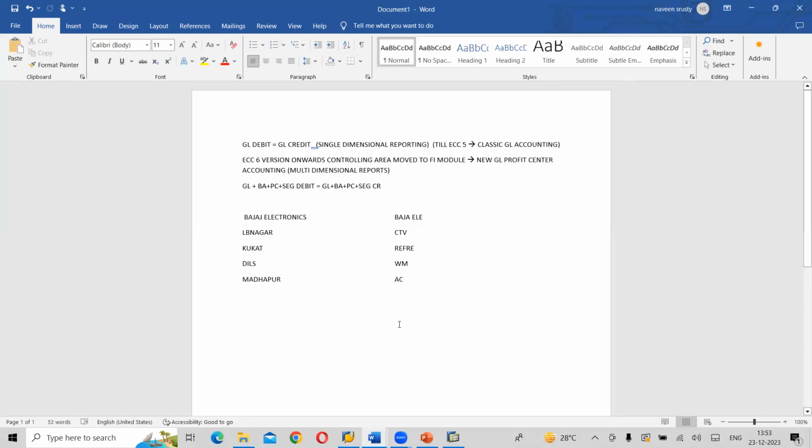For example, I'll tell you. I'm having the Bajaj group of companies. Next, I'm having Bajaj Electronics, Bajaj Finance, and next I'll take Bajaj Insurance or Bajaj Automobiles.